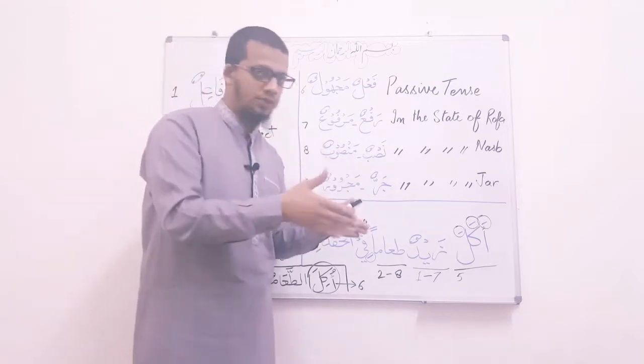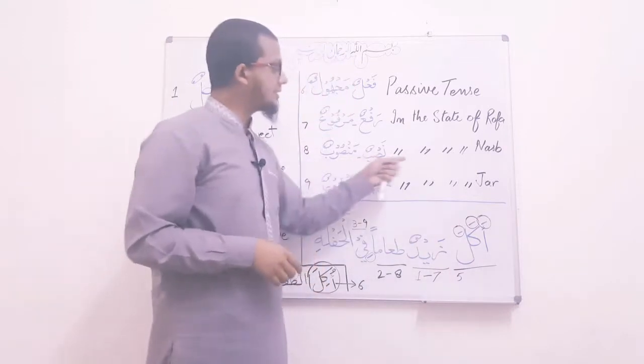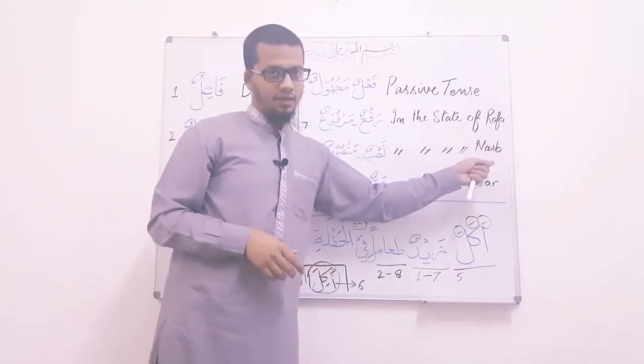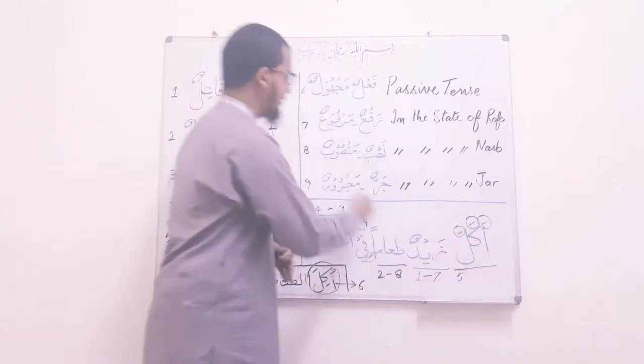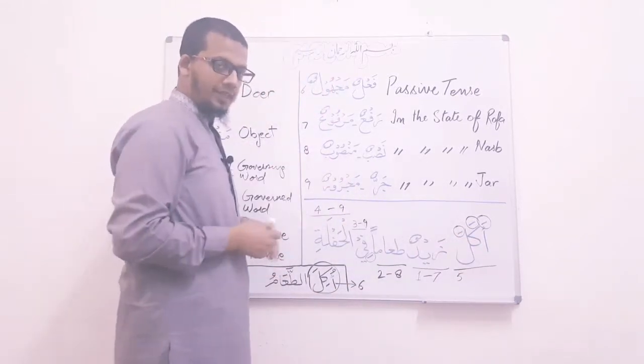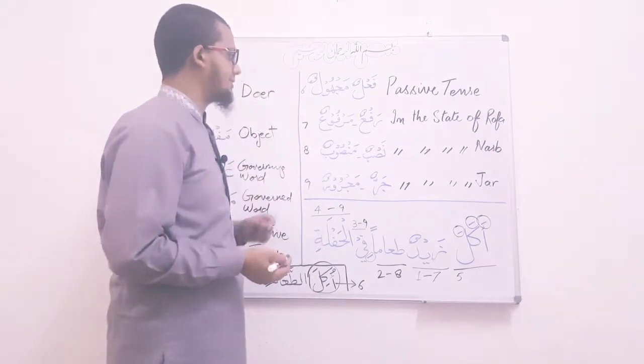This is wrong to use. The right thing to use is that akala is in the state of nasab. Or the other way, you can also say that akala is mansoob.